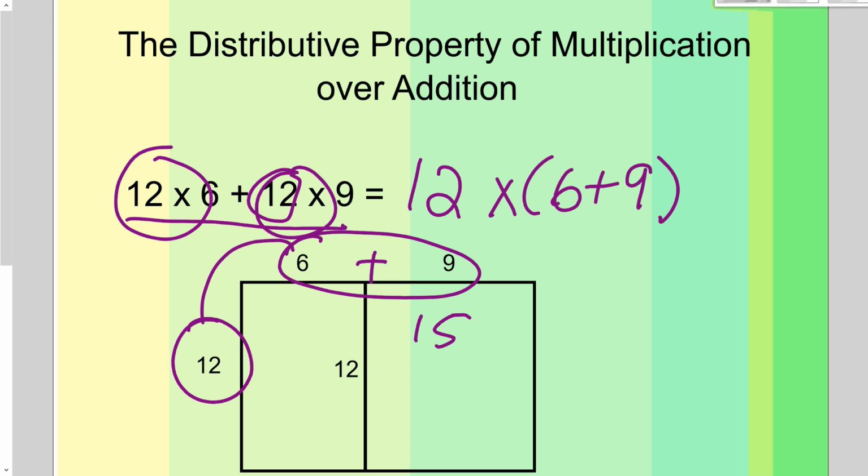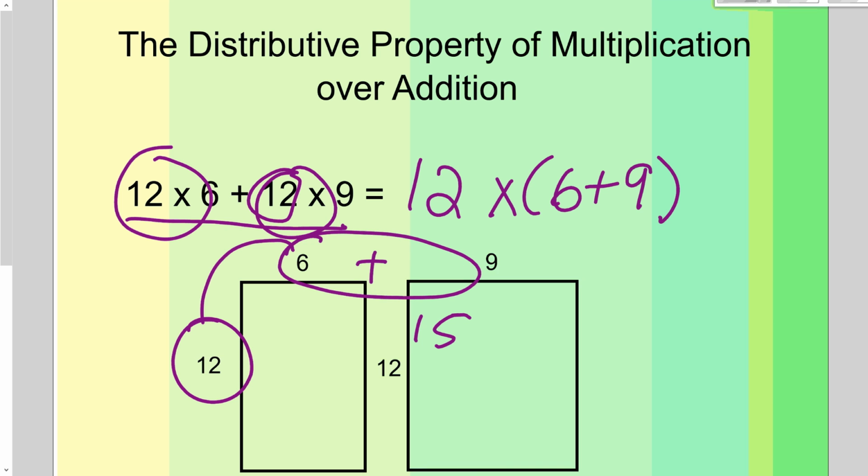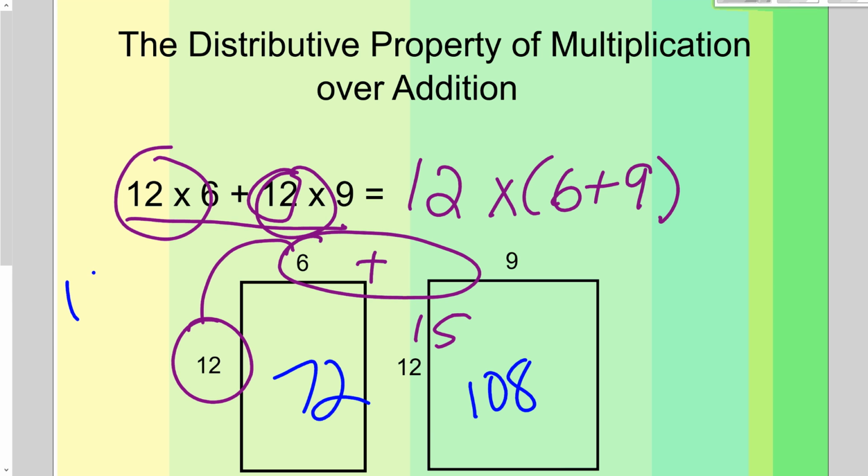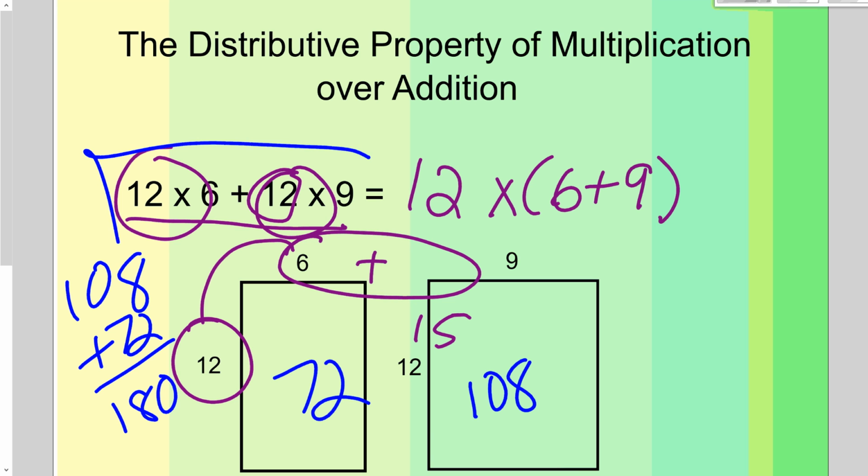Now, as you saw before, when we answered them separately, we knew that we had 72 here, 108 here, and then 108 plus that 72 is 180. So the answer is 180.